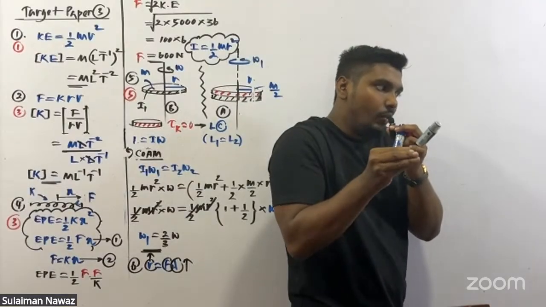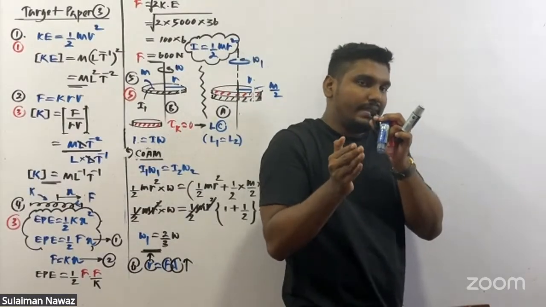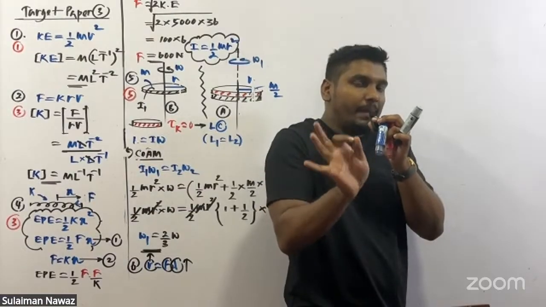Now, shallow region to deep region: what will happen to the velocity?